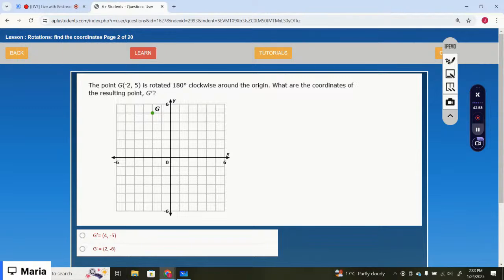The point G is rotated 180-degree clockwise around the origin. What are the coordinates of the resulting point G dash?